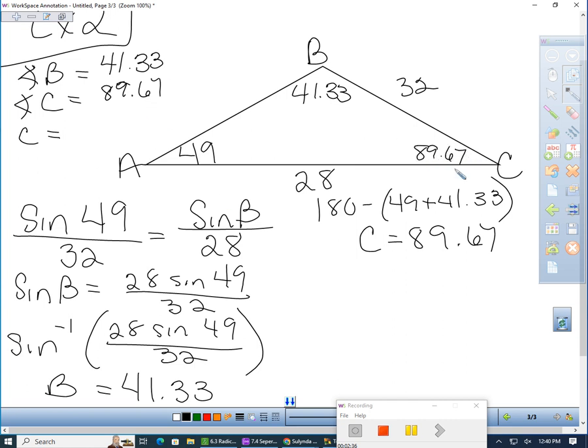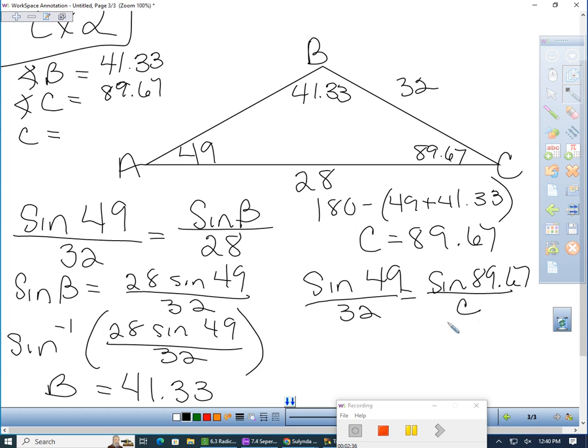So the last thing we have to find is side C. We start with our original ratio again. So I have sine 49 over 32 equals sine 89.67 over C. Now we cross multiply.